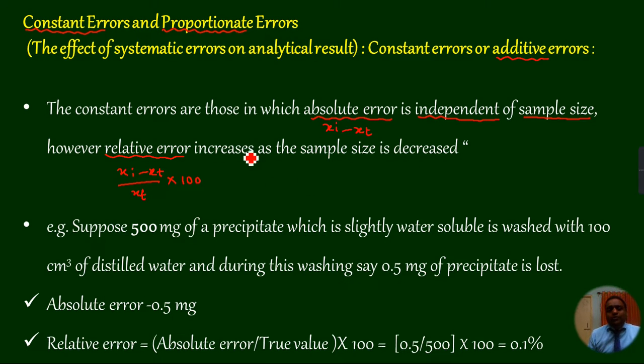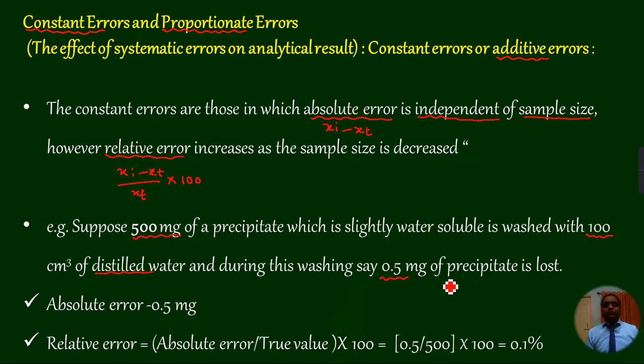So to elaborate this, we need to see one example. Suppose 500 milligrams of precipitate, which is slightly water soluble. Now when you wash it, for example, with 100 cm cube of distilled water, and during this washing, say for example 0.5 milligram of precipitate is lost.